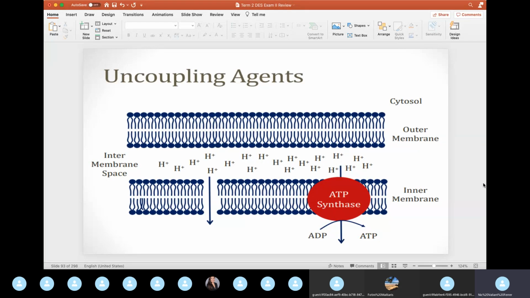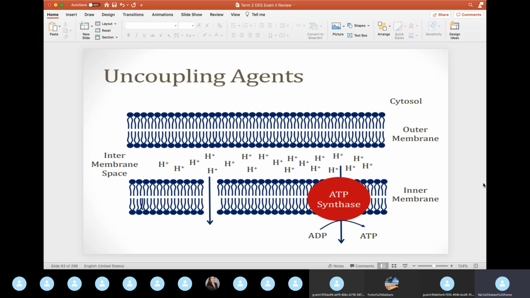What's the process called? Oxidative phosphorylation. So 3 ATP per NADH and 2 ATP per FADH2. FADH2 has a lower energy content than NADH.